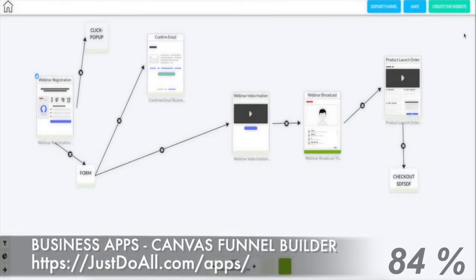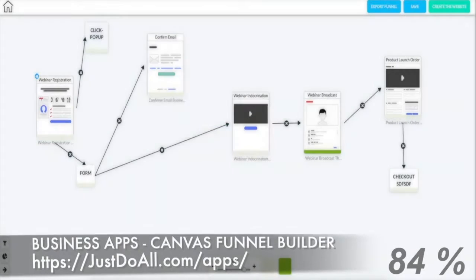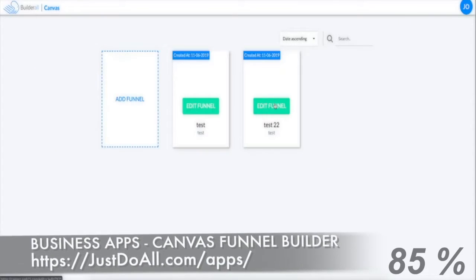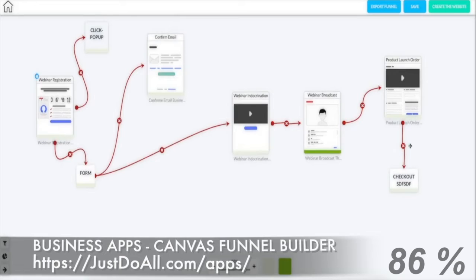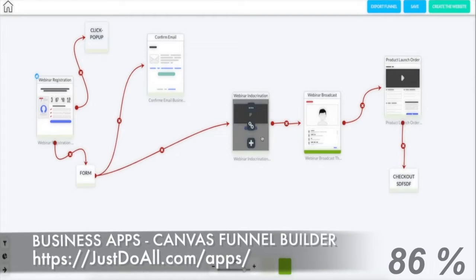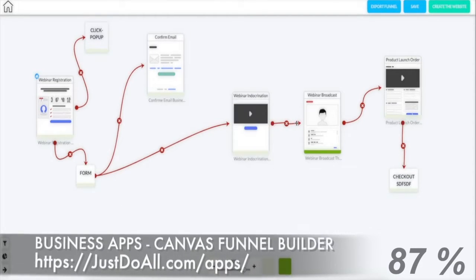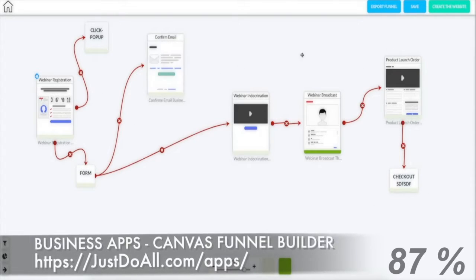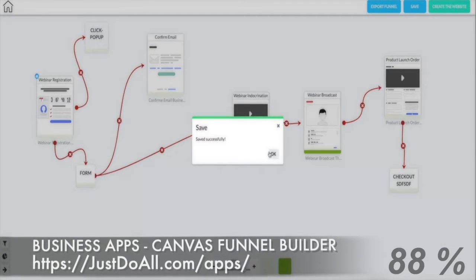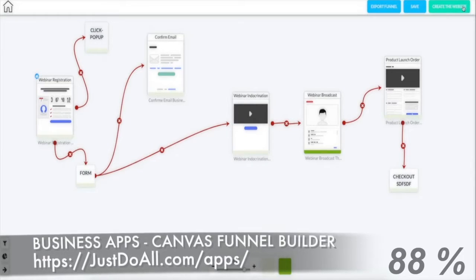And again, we'll have to save it and reopen it. See, this looks even cooler. You have the red curved lines. They start with a bullet and end with an arrow. So as far as this point goes, we'll save it one more time, and then we can create the website.